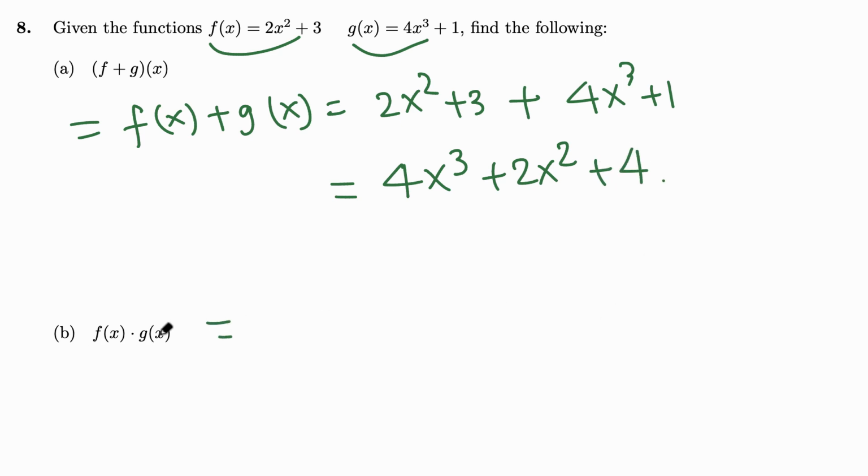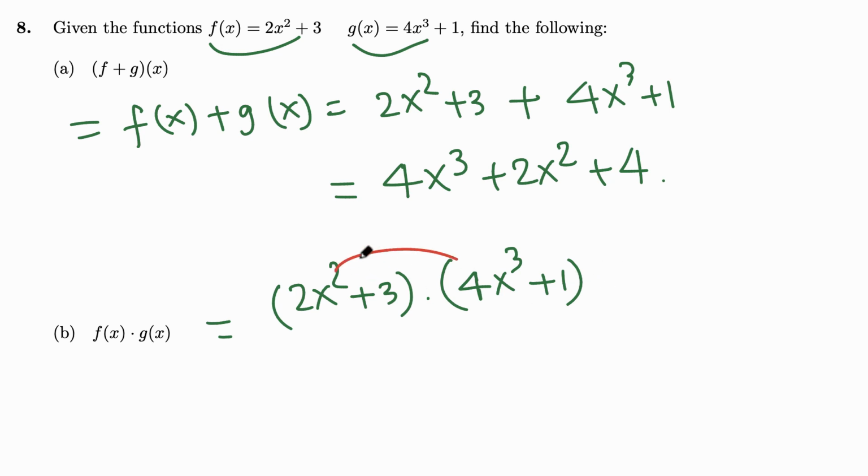In part B, we need to multiply f(x) times g(x). f(x) is 2x squared plus 3 times g(x) is 4x cubed plus 1. So we got two binomials. Now we need to multiply, sometimes called FOIL. Multiply first, outer, inner, last.